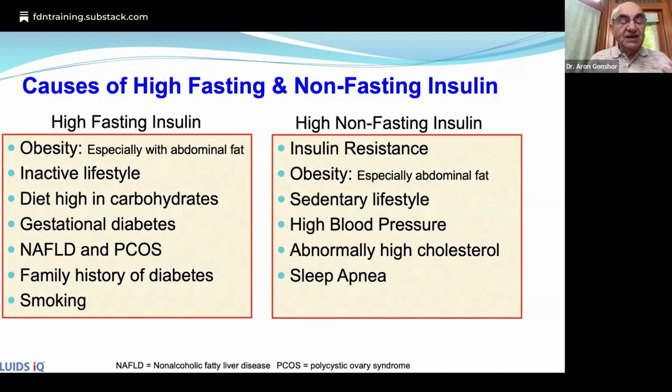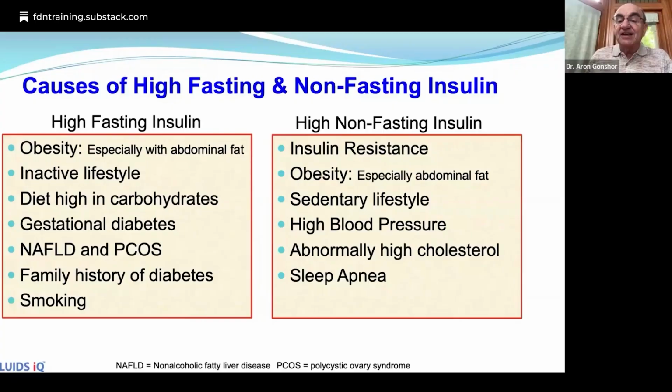They have diabetes, especially gestational diabetes when babies are born, etc. Those with various types of liver problems, non-alcoholic fatty liver disease, and those with PCOS, women with polycystic ovary syndrome, will have a tendency to have high fasting insulin, those with a family history of diabetes, and of course, those who are smoking, especially with high levels of smoking.